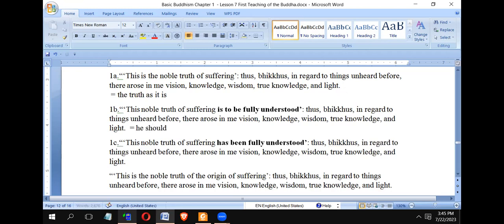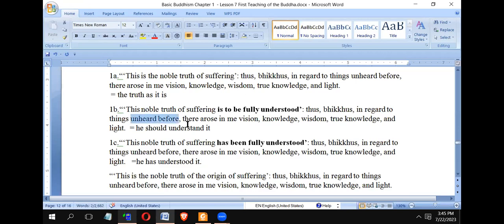He should know, he should understand this, and he has understood it, right? So it's a very simple statement. He knew the truth. He should understand this, and then he has understood it. To be fully understood, has been fully understood. About what? With regard to things unheard before.